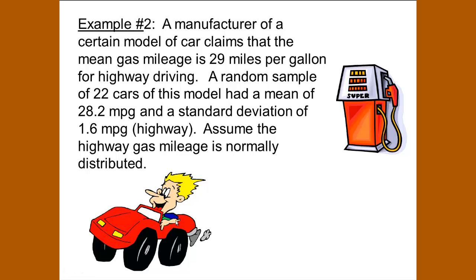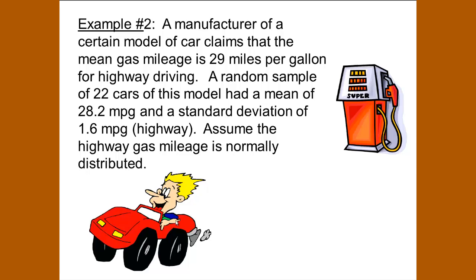A manufacturer of a certain model of car claims that the mean gas mileage is 29 miles per gallon for highway driving. A random sample of 22 cars of this model had a mean of 28.2 miles per gallon and a standard deviation of 1.6 miles per gallon, all highway.